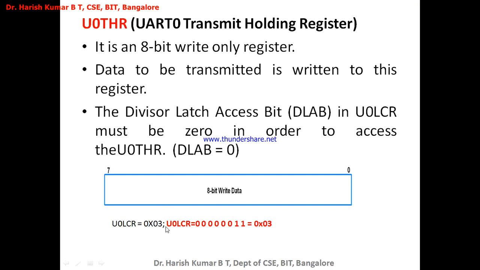It is an 8-bit register, so this is 4 bits and this is 4 bits, 4 plus 4, 8 bits. These 4 zeros correspond to this 0, and this 0011 corresponds to this 3. This 0 says one stop bit is used, and this 11 says a sequence of 8 bits is forming a byte.